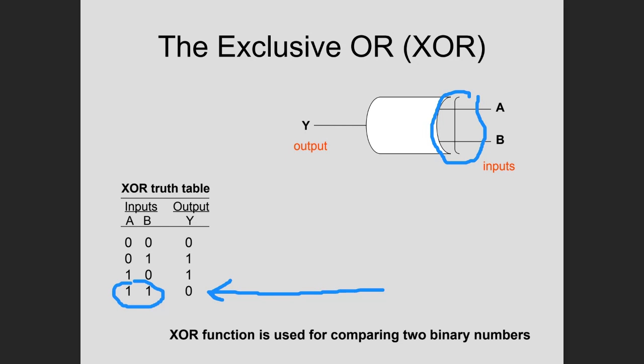So if you're going from English prose, from words to ones and zeros, or to logic or some kind of program, you have to read the context of the problem and know which meaning of OR is meant, and then implement it using either this symbol or the OR symbol. This is the exclusive OR, called the XOR.